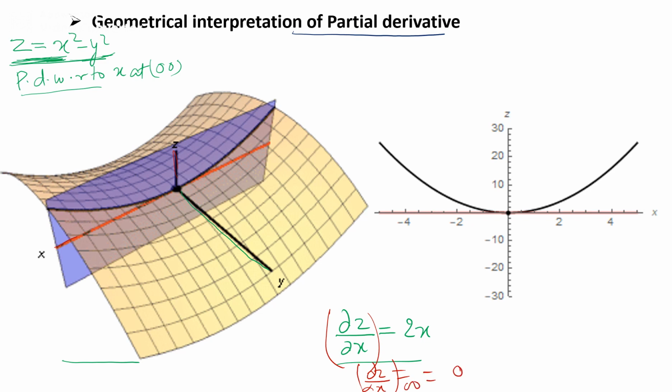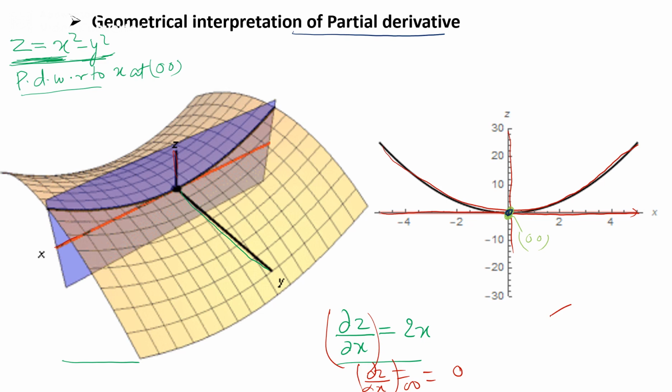So what does it mean? If we plot the x-axis in that 2D diagram, suppose this is the x-axis and that is the z-axis, and that curve represents the z function. Now we have to evaluate the partial derivative at that point, the origin.